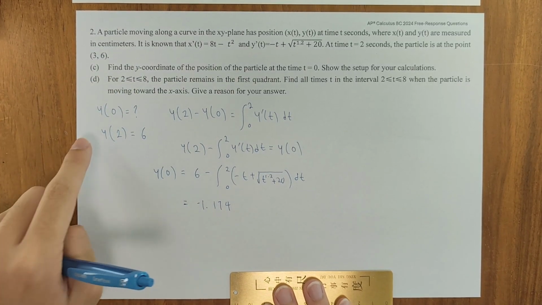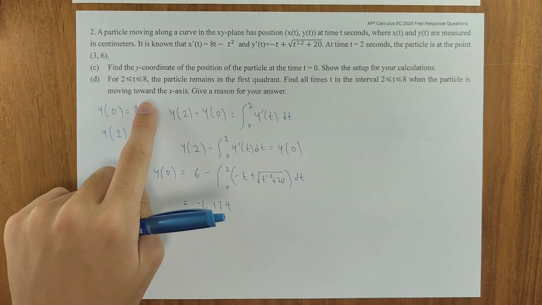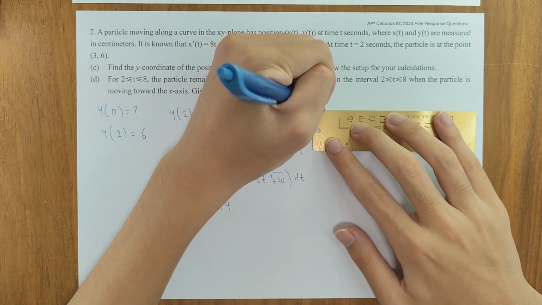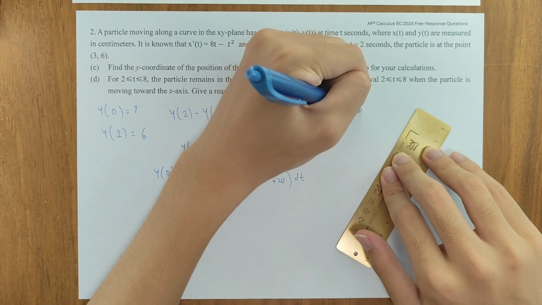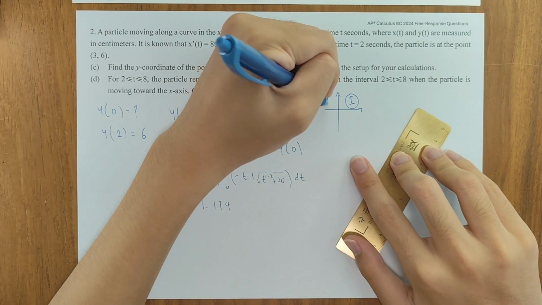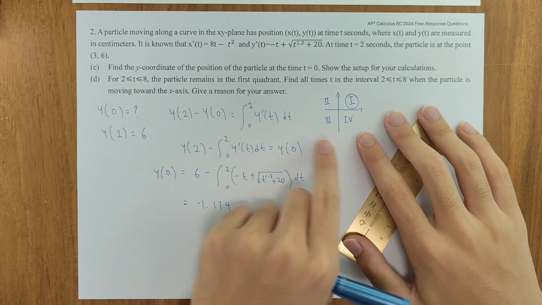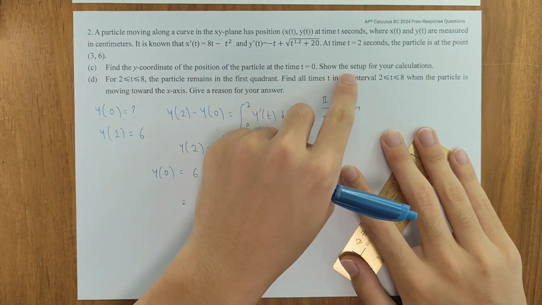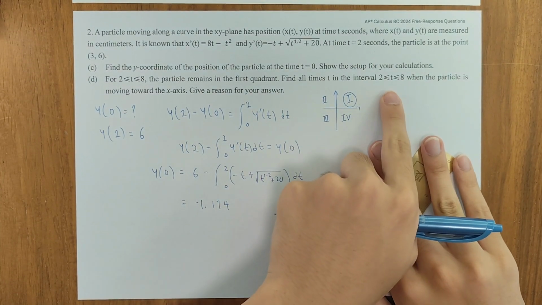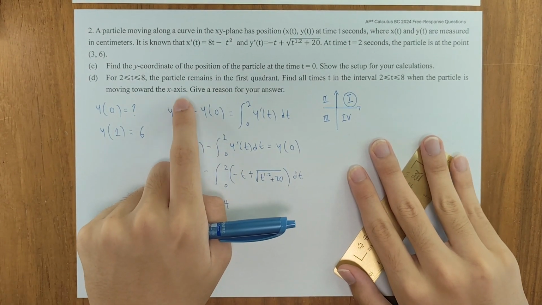Okay, and question number D: for t equals 2 to t equals 8, the particle remains in the first quadrant. So a reminder is that the first quadrant is here; this is the second, third, and fourth. Find all times t in the interval 2 to 8 when the particle is moving toward the x-axis.